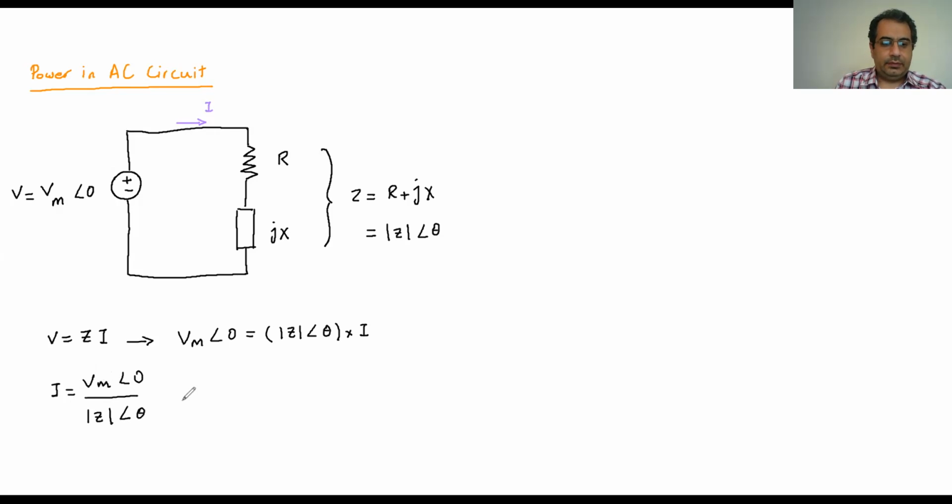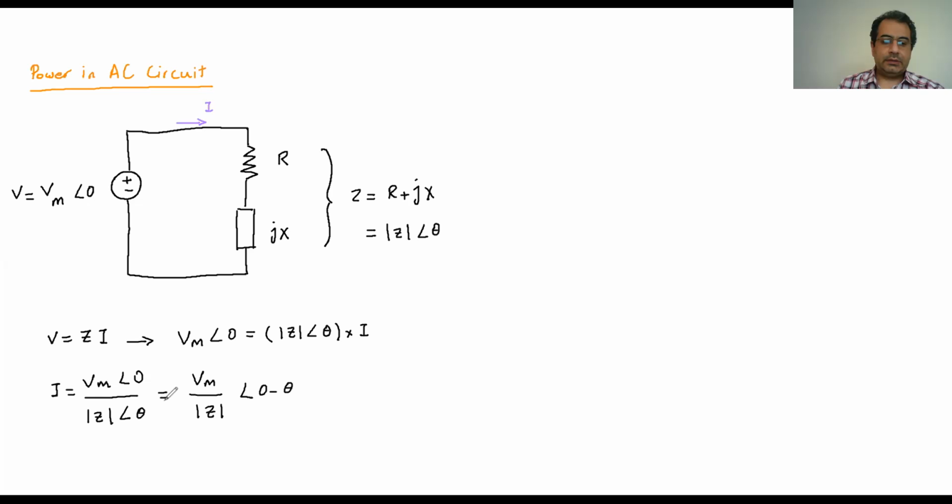Since this is in polar format, we can divide the magnitudes and subtract the angles. So it's going to be Vm divided by Z, with angle of 0 minus theta.